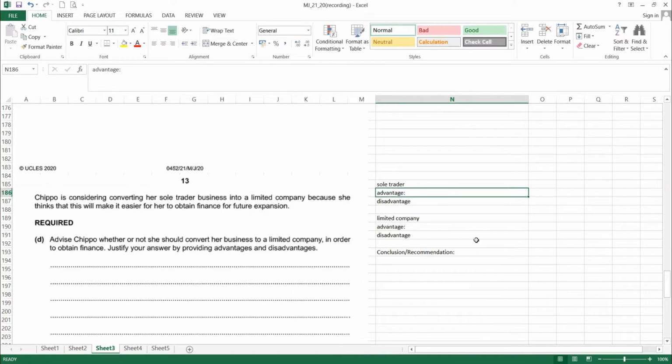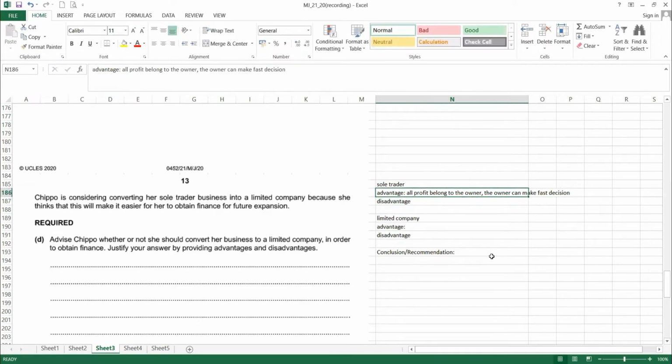Okay, now we think about the advantage of the sole trader first. The advantage as a sole trader is all profit belongs to the owner, and also the owner can make faster decisions.